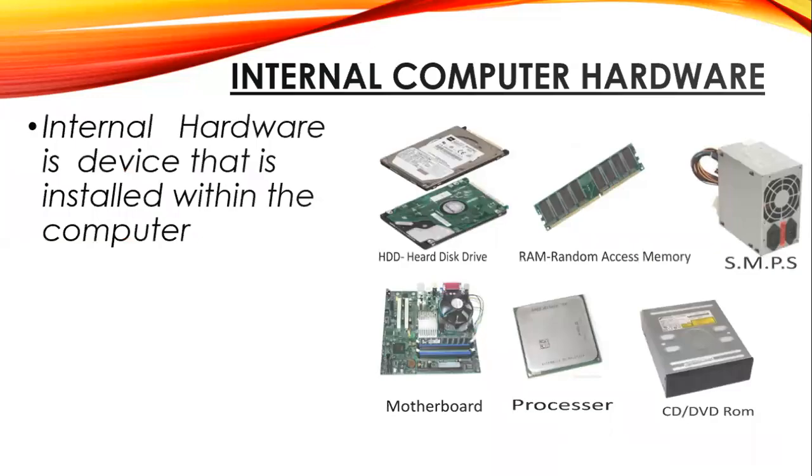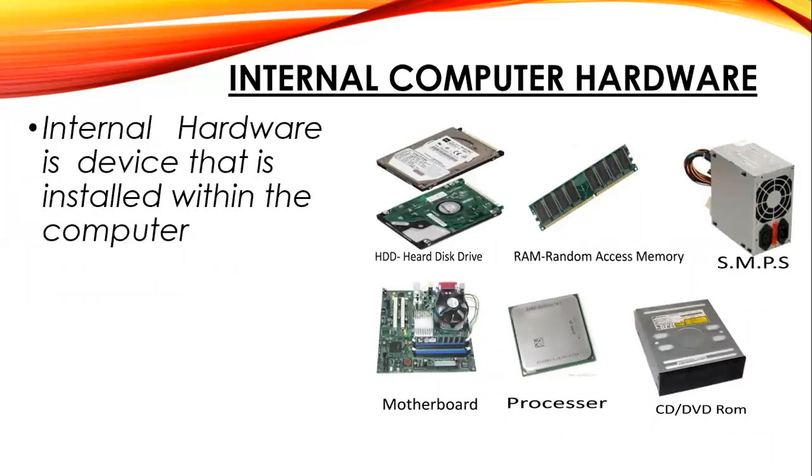If you talk about internal hardware, it means it is inside your system unit. When you look at the system unit, you cannot see what is inside, but when you remove the cover, you can see what is inside your system. Those we call internal computer hardware devices.